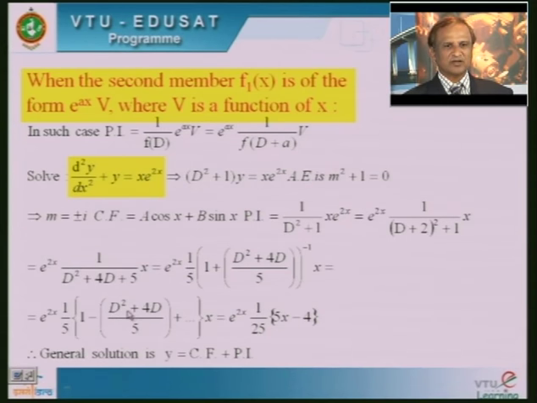The derivative of x is 1. On simplification you will get e^(2x) as it is, 1 by 5 already there, and 4 by 5, so you get 1/25 into (5x − 4), which is the particular integral of the given differential equation.